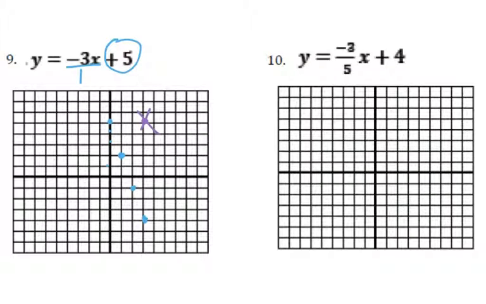Nope, not on our line, so the answer is no. What are some? Well, that first one, 0, positive 5. That second one, 1, 2. That third one, 2, -1. Okay, then 3, -4. Those points are all solutions to that line.